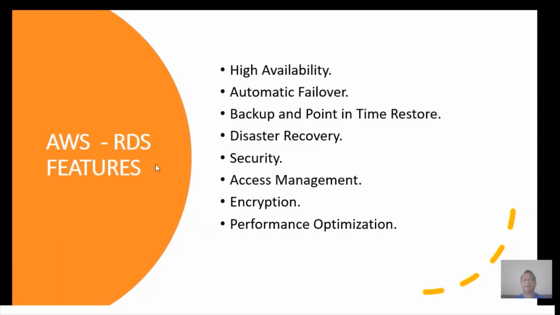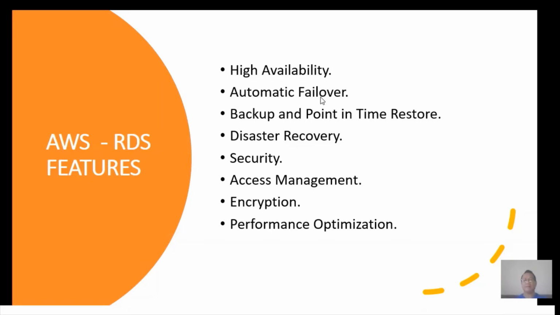Now the features of RDS. Why should we go for RDS and not our own databases installed on our EC2 instances or on our server? Because RDS is highly available. That means you can create an infrastructure for the RDS in which it will always be available. The chances of failure will be almost zero.